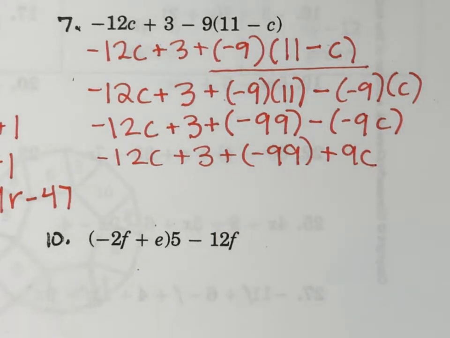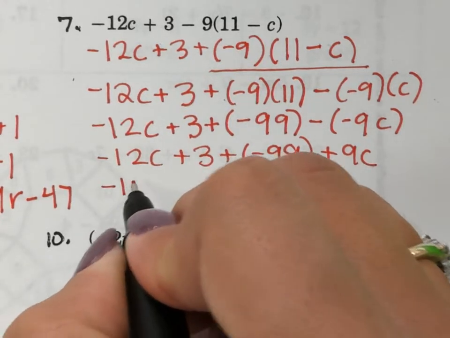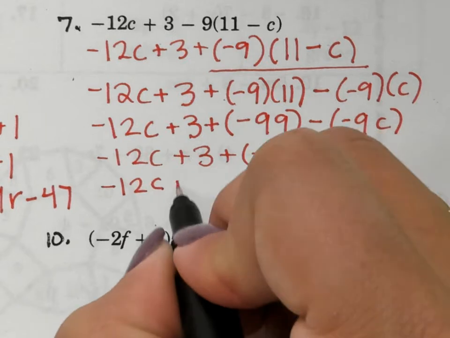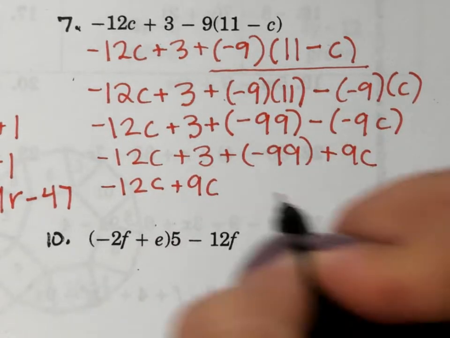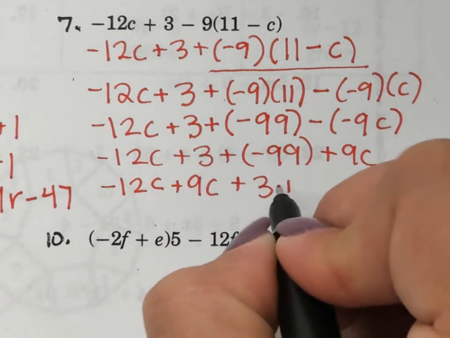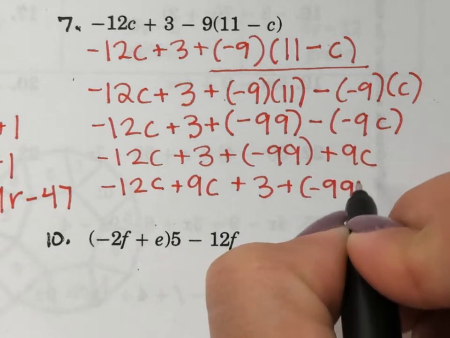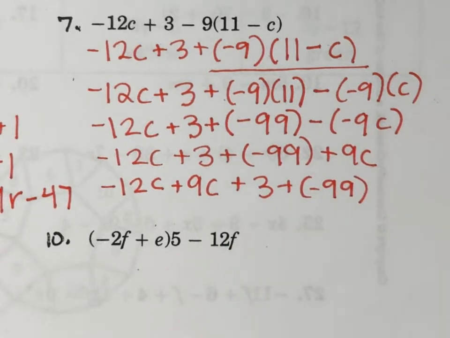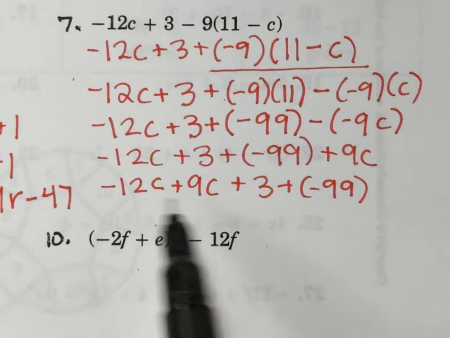Now I need to regroup. So I'm going to put my c's together. So I have negative 12c plus 9c plus 3 plus negative 99. Now I can combine my like terms, right? Yes. So my like terms are my c's.